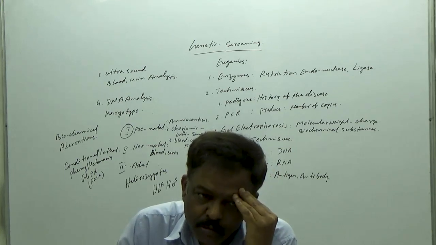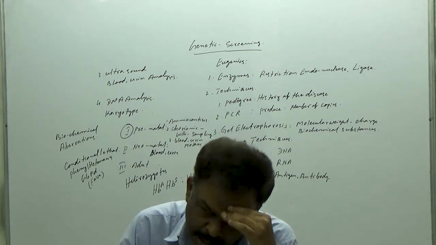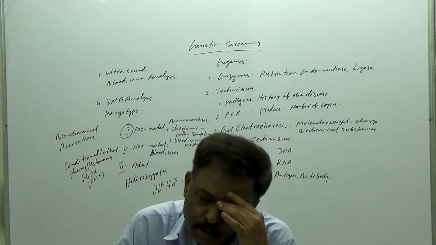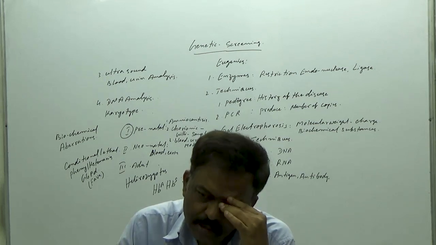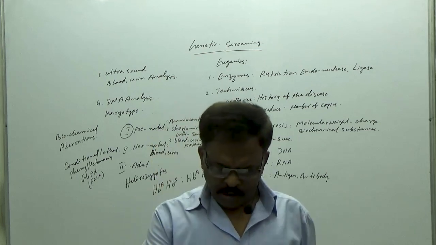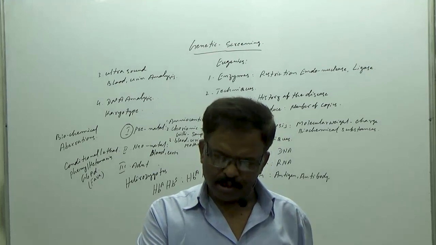But what can we do? This is the poorest of the poor countries. It is not a developing country, it is an underdeveloped country in the real sense. It is the richest country, yet the people are very poor. The reason is that the money is concentrated in not less than 5% of the population.